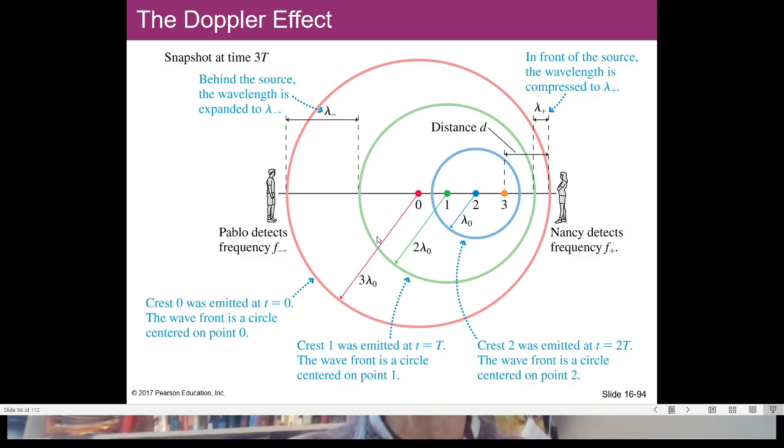So then it was here and it emitted this, and then it was here and it emitted this. Notice that Nancy sees the wave crests more frequently than Pablo does. That's because the wave source is moving towards Nancy, okay? And moving away from Pablo.